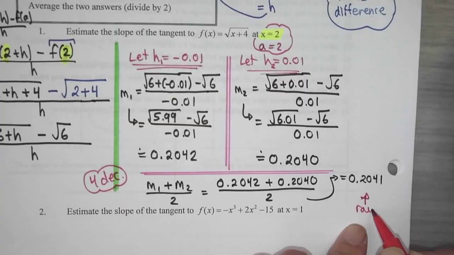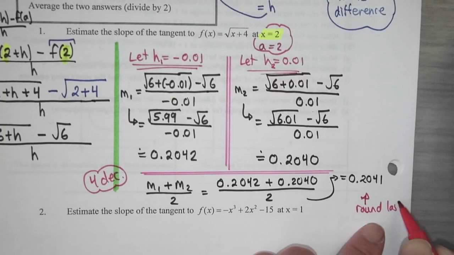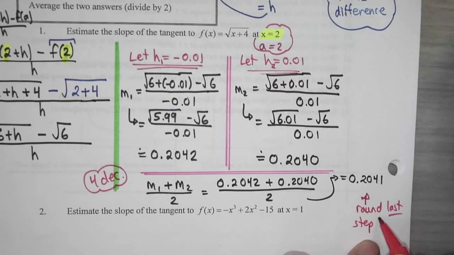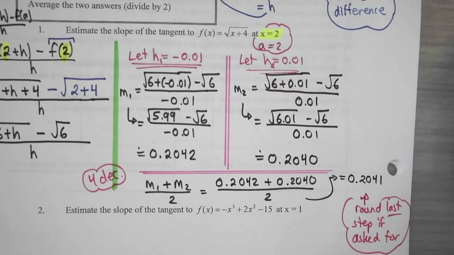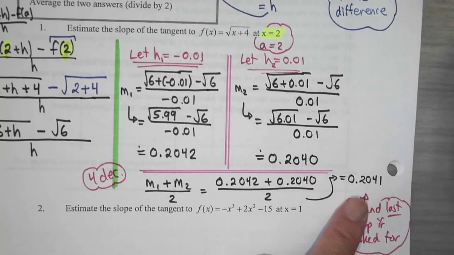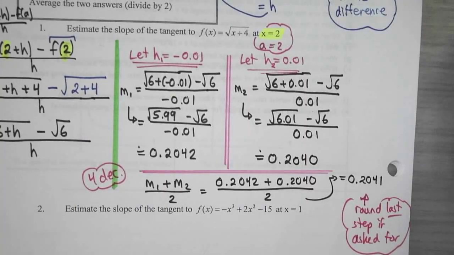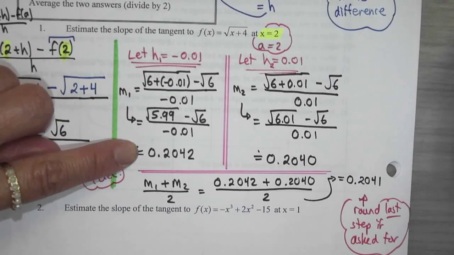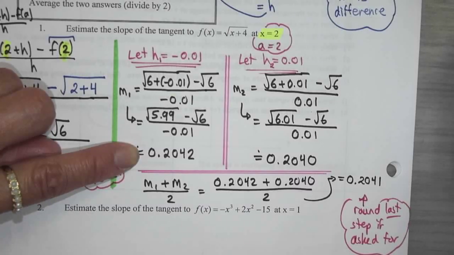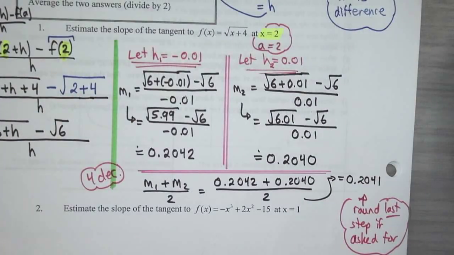So round at the last step if asked for. Does that make sense? If I ask you to round, don't do it until the very last step. Keep more than what I asked for, then it's more accurate. So if I say round to 1 decimal place, don't round it off right here. Keep more, 4 is my suggestion, and then round at the last step to 1 decimal. Here I didn't ask for it, so I'm just going to leave the 4 decimals.